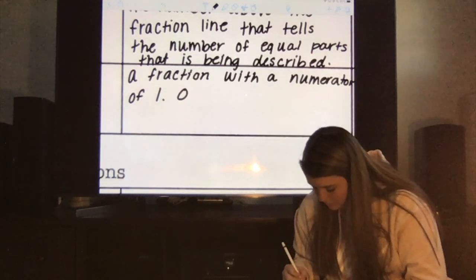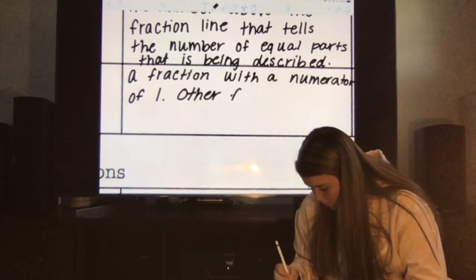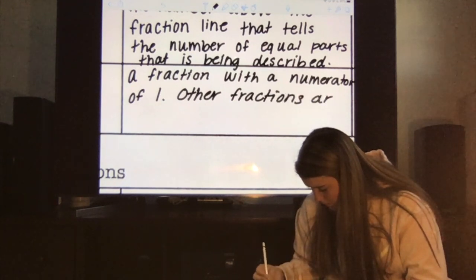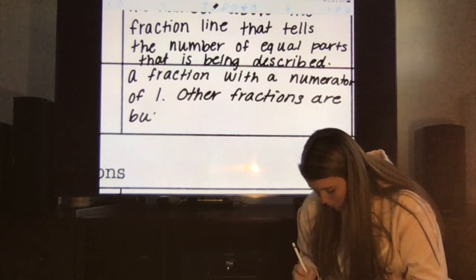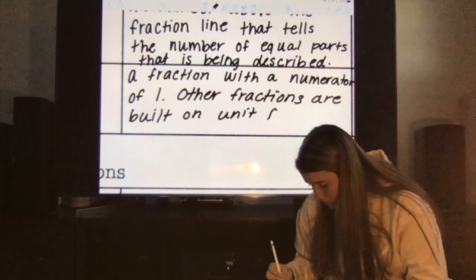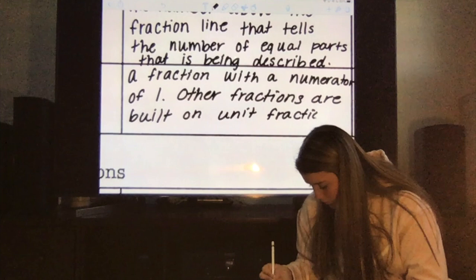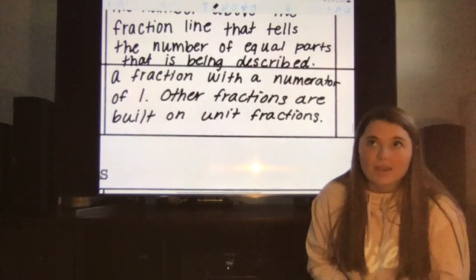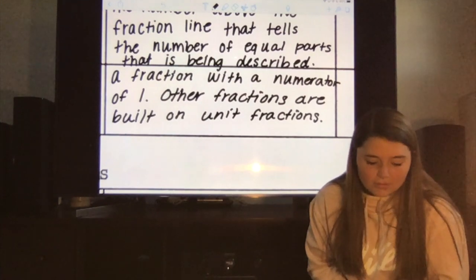Other fractions are built on unit fractions.